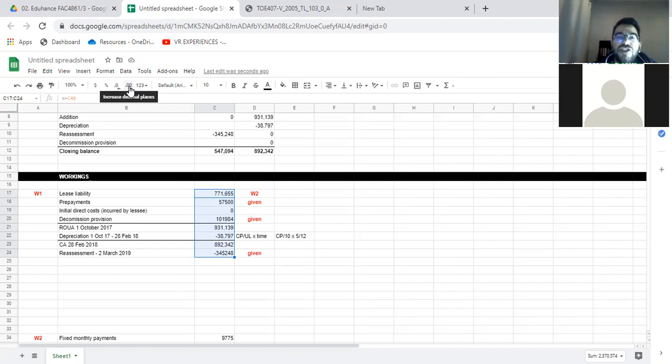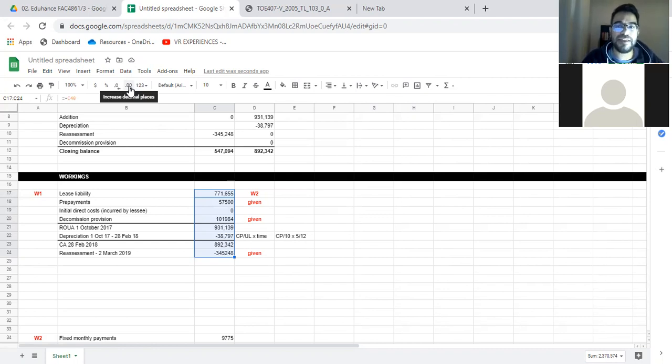When there's a change to the decommissioning liability as a result of a change in the discount rate and or a change in the ultimate payment, then that change will impact the decommissioning liability as well as the asset that the decommissioning liability relates to. In this case, that asset is the right of use asset.